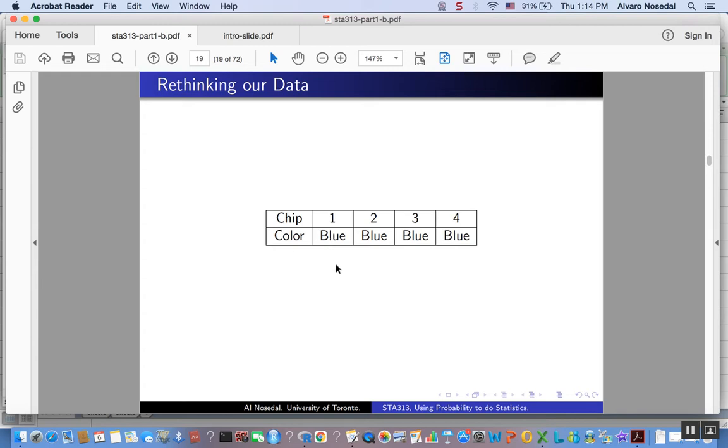What we saw is the number of blue chips in our sample. So in that case, y was equal to 4.